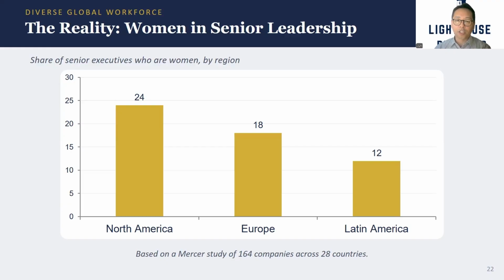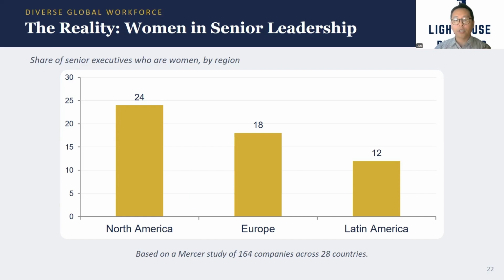Mercer, the consulting company, studied gender diversity across 164 companies in 28 different countries. It found that women continued to be underrepresented at every level of the labor force worldwide.